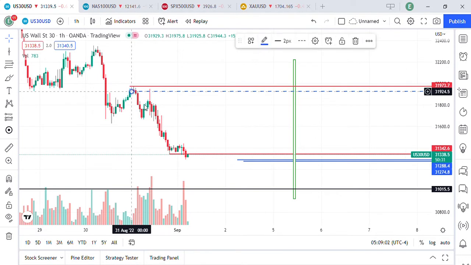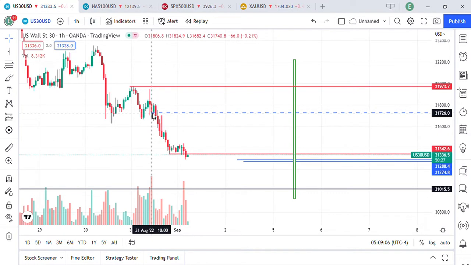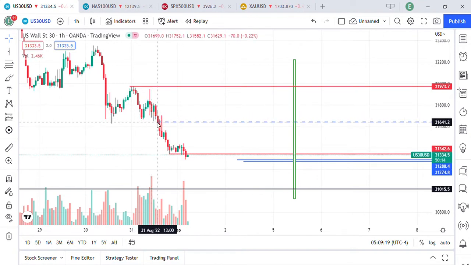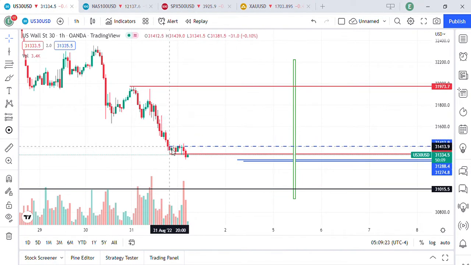Now this blue line, you can see it's different from the red lines. It's not straight, so I use this one to mark my New York open, midnight New York open. So you're going to look for New York open at midnight.